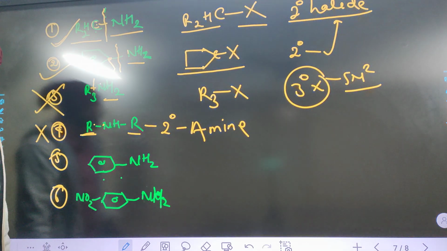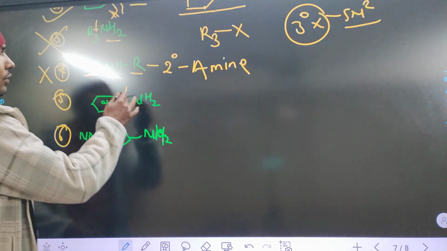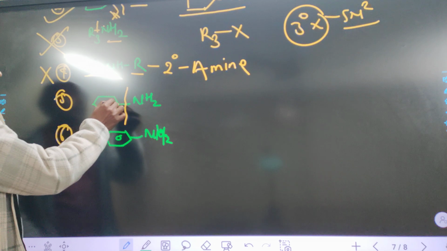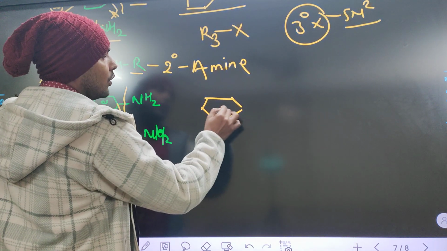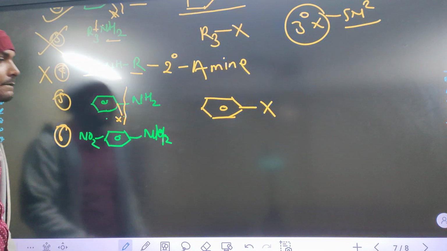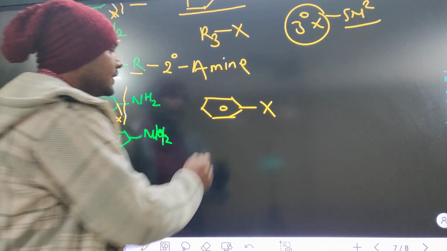Now this is aniline. So break the bond, same as before. When you break the bond, attach X here and make the structure. What you will see is an aryl halide.